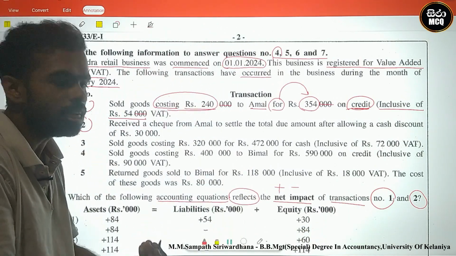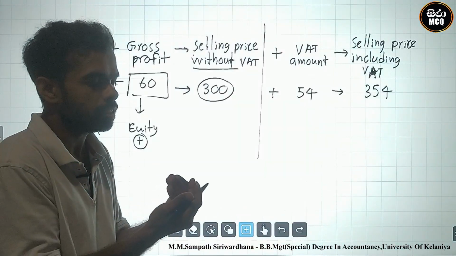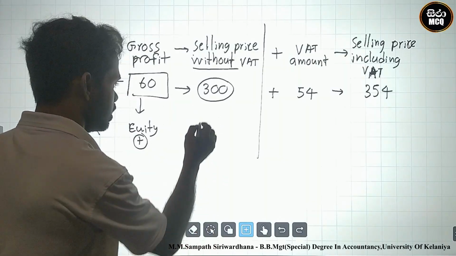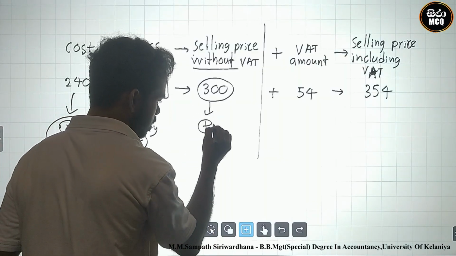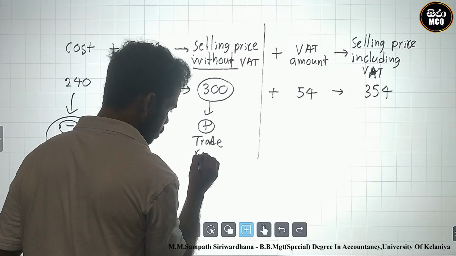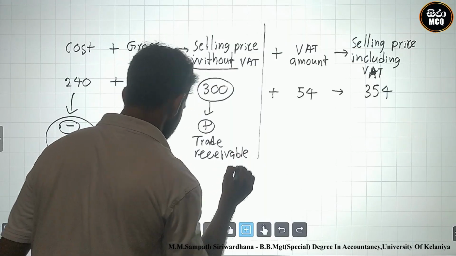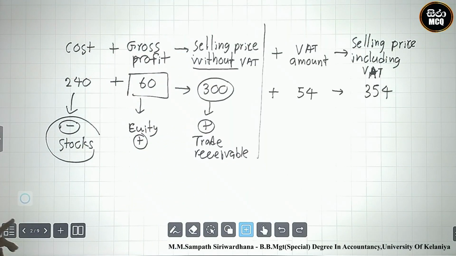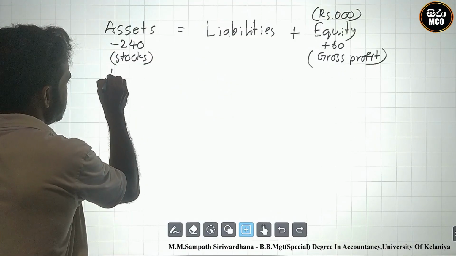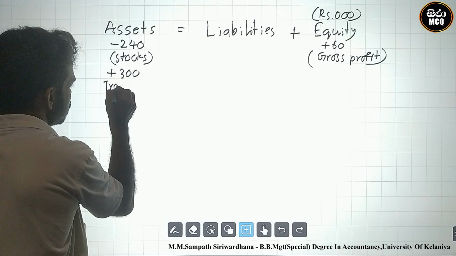We must receive the amount from Amal. At the selling point, we must receive 300. We must add trade receivable: plus 300. The asset is a trade receivable of 300.